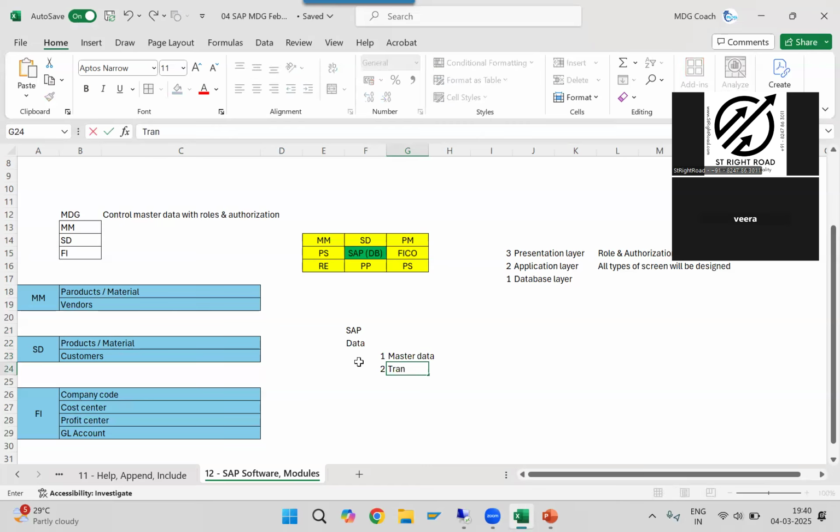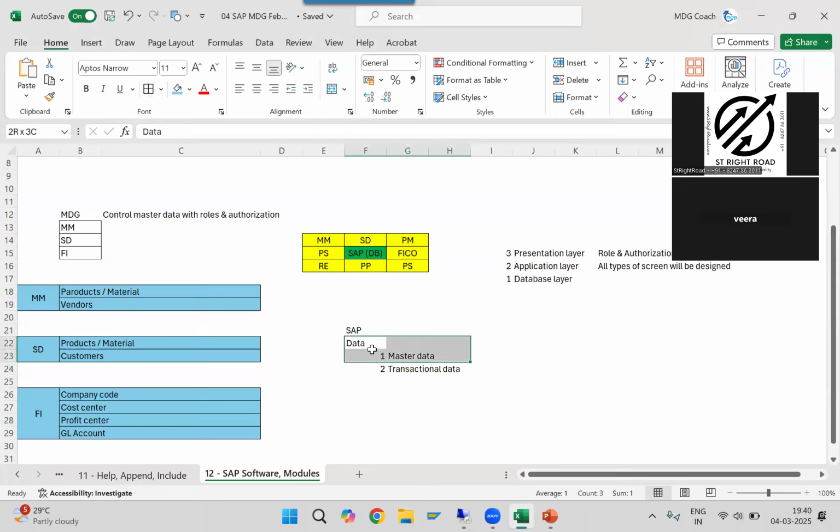The second one is transactional data. Master data means one-time data, like Aadhaar card, PAN card. If you create your bank account, that is a one-time activity. You are not going to create your bank account again and again. You take your mobile number only once and use it for the long term.